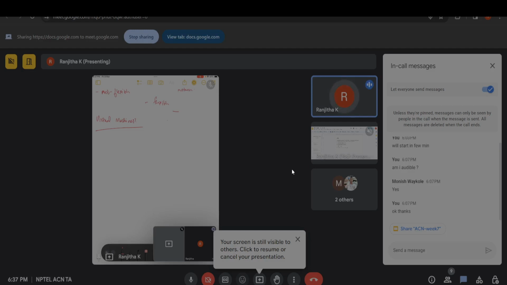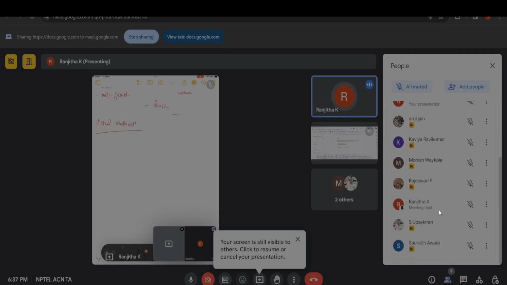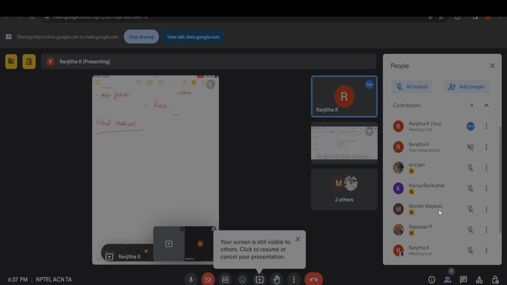So basically, the concept of a virtual machine is, let's take the simple example of my laptop. I mean, you can respond if you are aware of virtual machines, if you have used one.